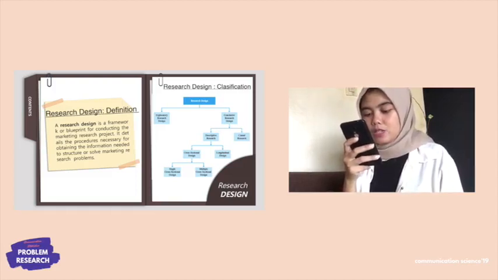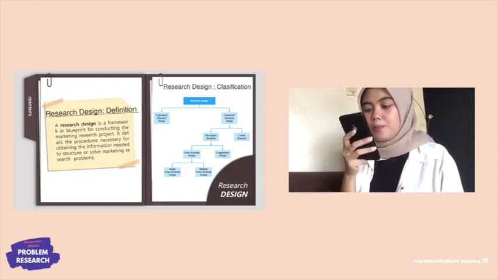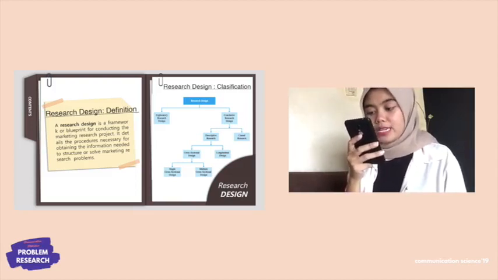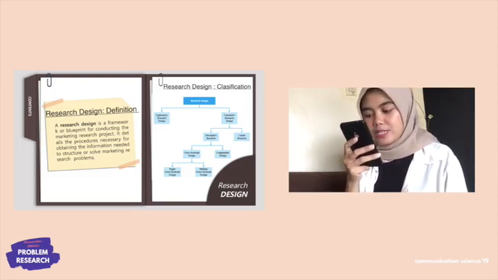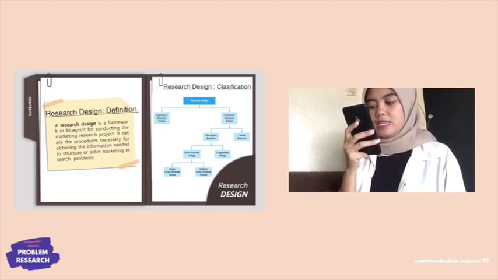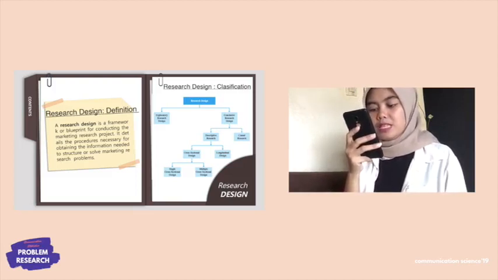Second, conclusive research. Conclusive research is typically more formal and structured than exploratory research. It is based on large representative samples and the data obtained are subject to quantitative analysis.